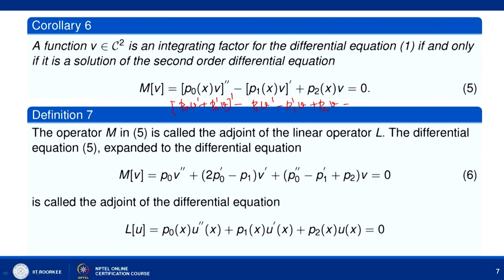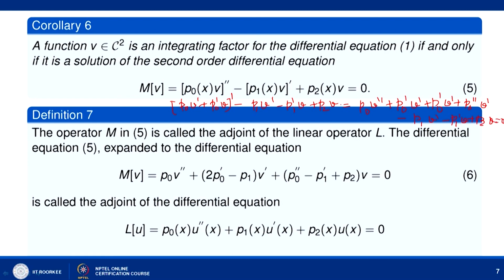Now further simplifying, we have p0 v double dash plus p0 dash v dash plus p0 dash v dash plus p0 double dash v minus p1 v dash minus p1 dash v plus p2 v equal to 0.